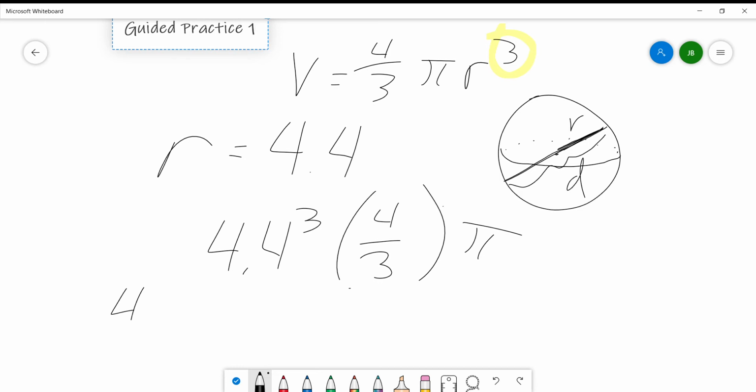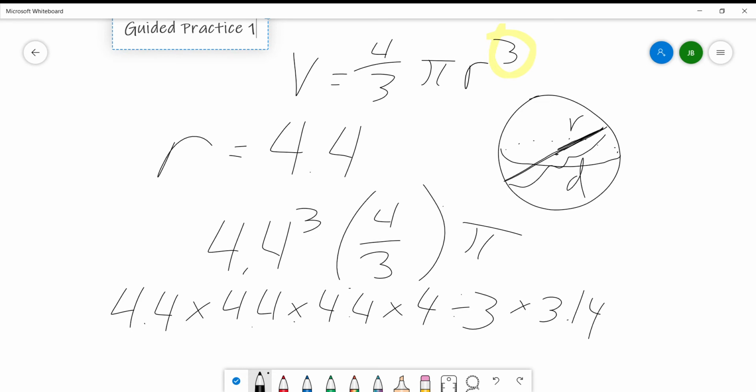You just type 4.4 times 4.4 times 4.4 times 4 divided by 3 times 3.14. If you just type that straight across, I bet you that'll work. I'm just going to confirm it.